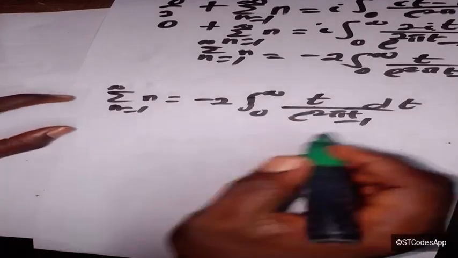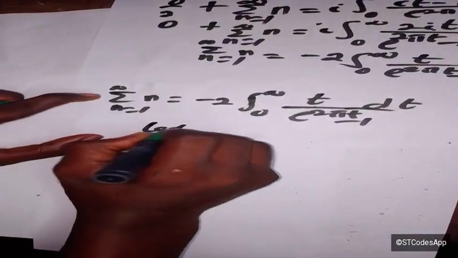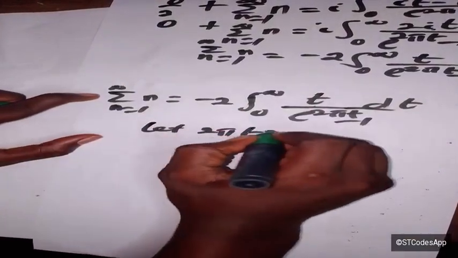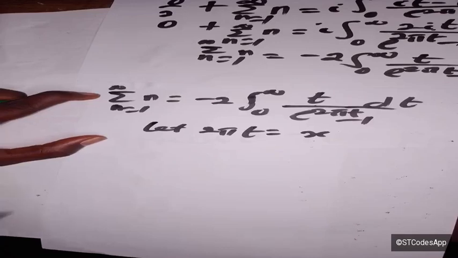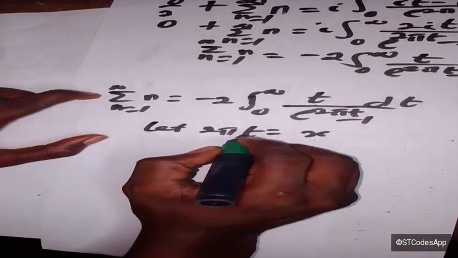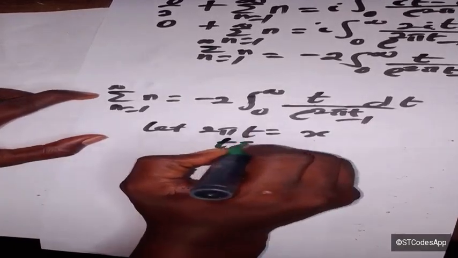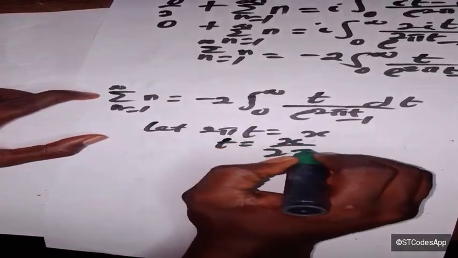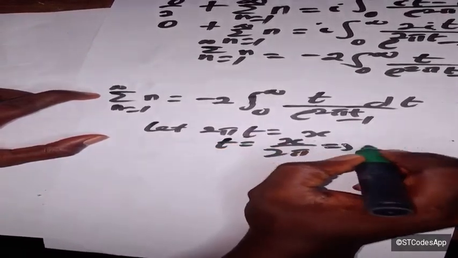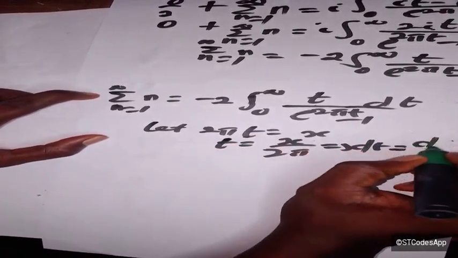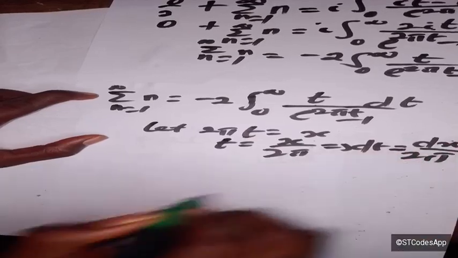So what can we do to solve this particular integral? I can make a substitution here. Let 2πt be equal to x. If 2πt is equal to x, what will be the value of t? So t will be equal to x over 2π.